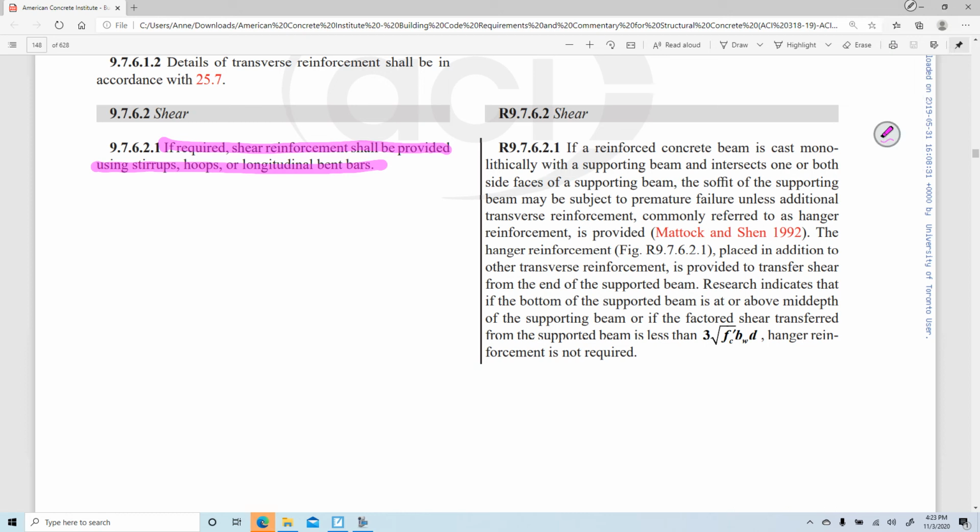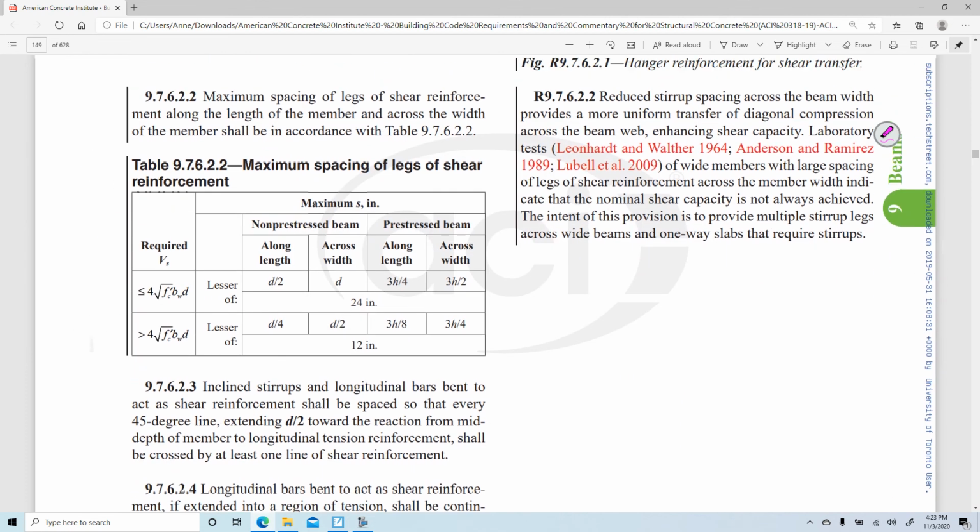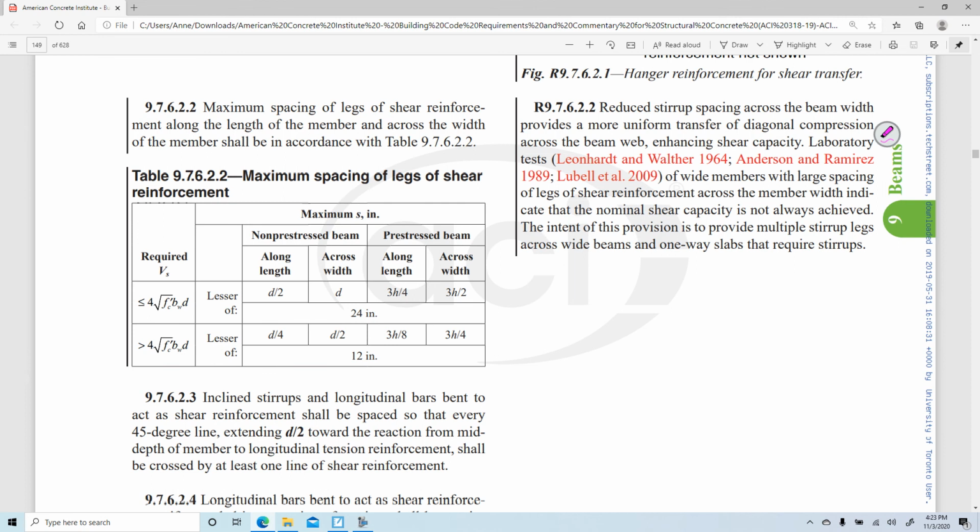Now we have to provide it using stirrups, hoops, or longitudinal bent bars. And then this table says the maximum spacing, how far apart they can be. This is on page 147.